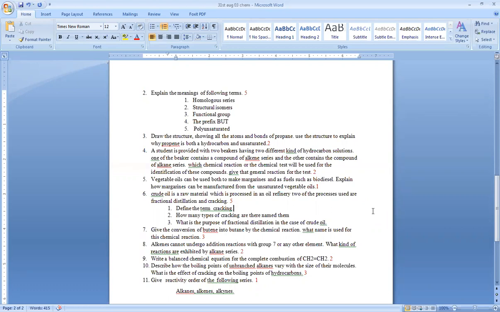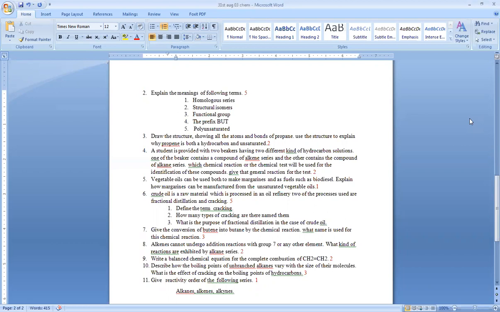So at the end we have a full mixture of compounds produced as an end product of the crude oil. That end product mixture is then identified and separated by the process of fractional distillation. You just have to make proper statements and pen down the answer to this question, how you are going to use the fractional distillation process, right?